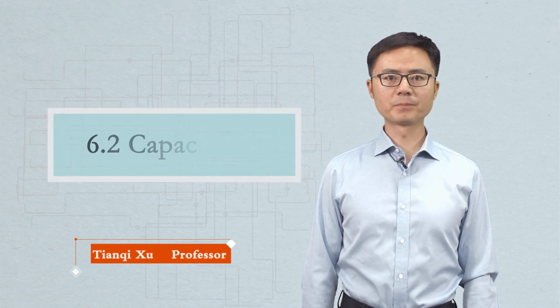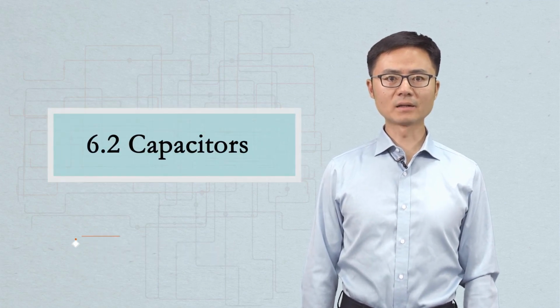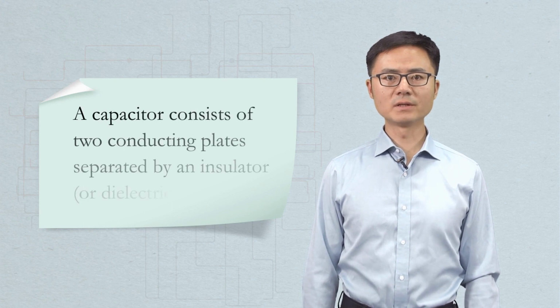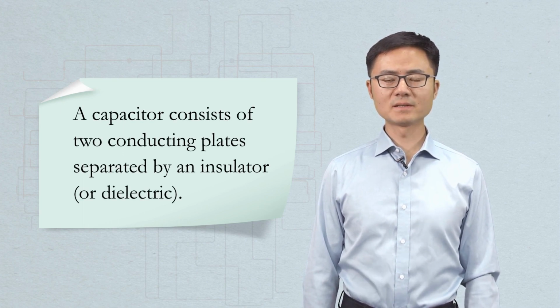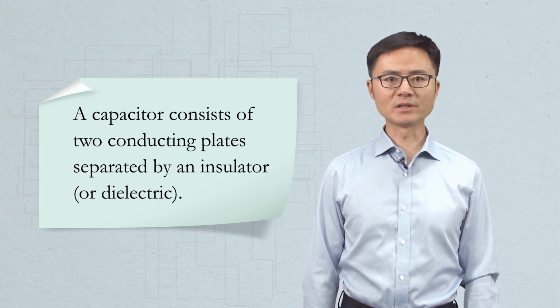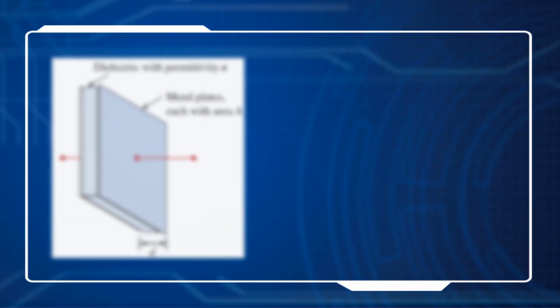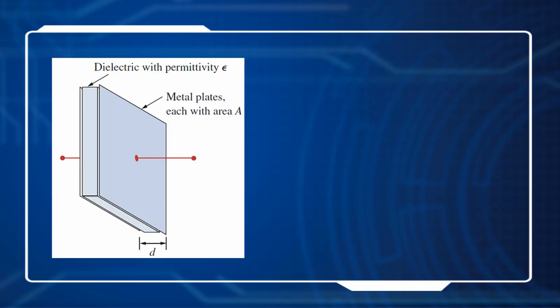Section 6.2 Capacitors. A capacitor consists of two conducting plates separated by an insulator or dielectric, and you can find it in this graph. There are two plates, normally metal plates, each with area A. The distance between the two plates is d, and between the plates there is a dielectric with permittivity epsilon.